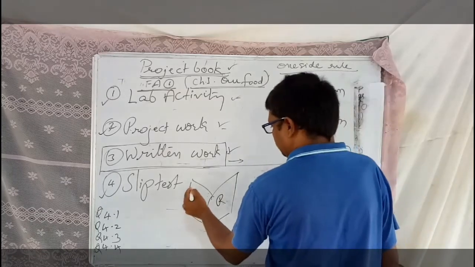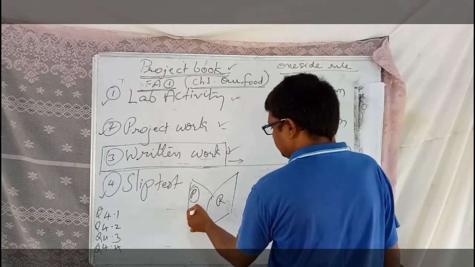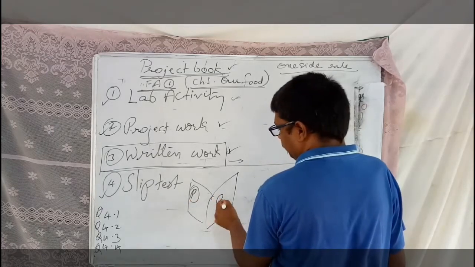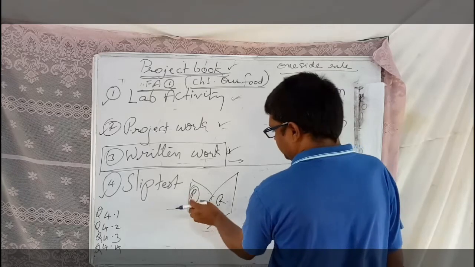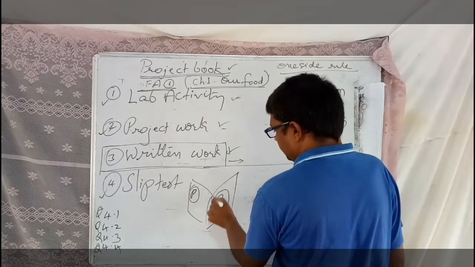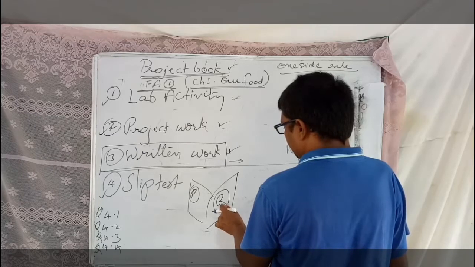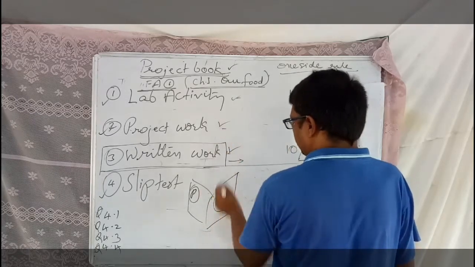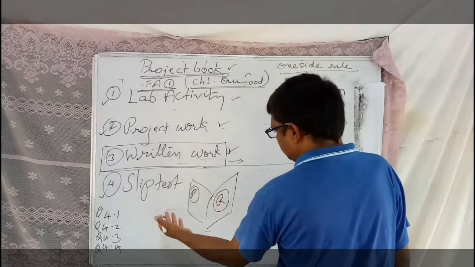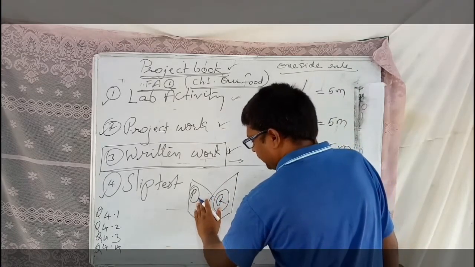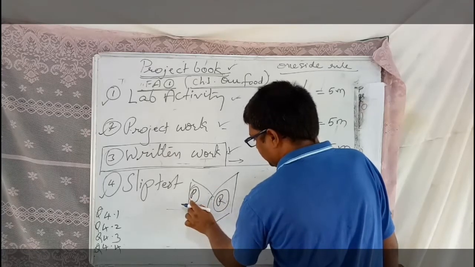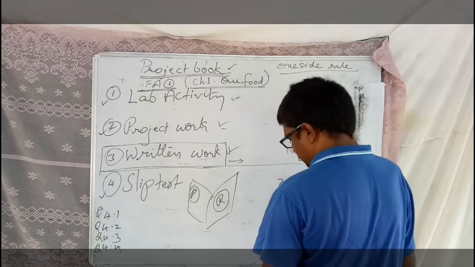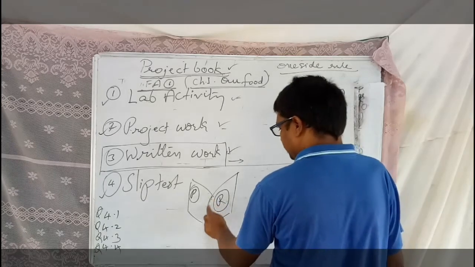On the plain page, if there are any diagrams, you have to draw the diagrams on the plain page, and if no diagrams, you just leave it off, and then you have to write the matter only on the ruled page. And if this page is not enough to complete the matter that the lab activity has, then you have to turn the page and should not write on the plain page. You should not write on the plain page. Again you have to write the remaining matter on the ruled page of this notebook. Okay, students, this is how you have to follow.